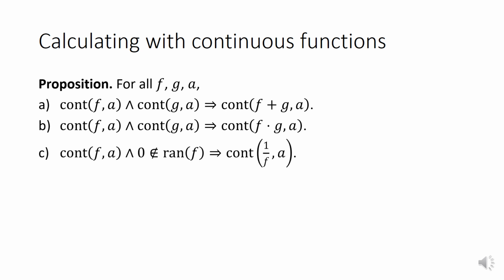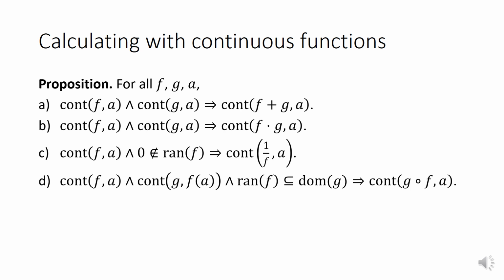C, if f is continuous at a and 0 is not in the range of f, then 1 over f is continuous at a. D, if f is continuous at a and g is continuous at f of a, and the range of f is a subset of the domain of g, then g after f is continuous at a.